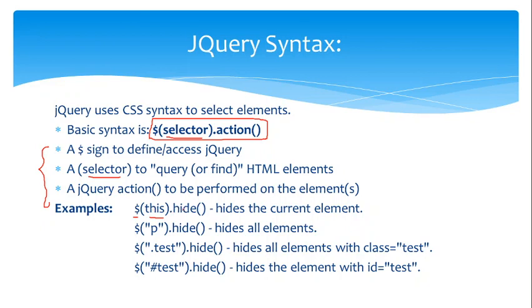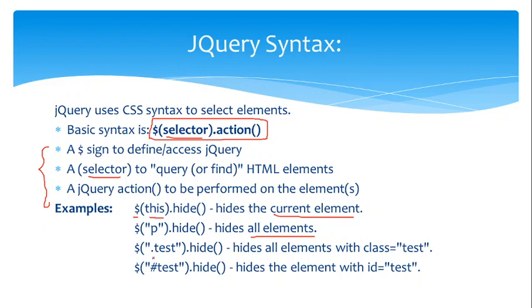Okay, that will not be visible on the browser. $p.hide hides all the paragraph elements. Okay, wherever you write this, it will hide the current element, and here all the elements of paragraph.